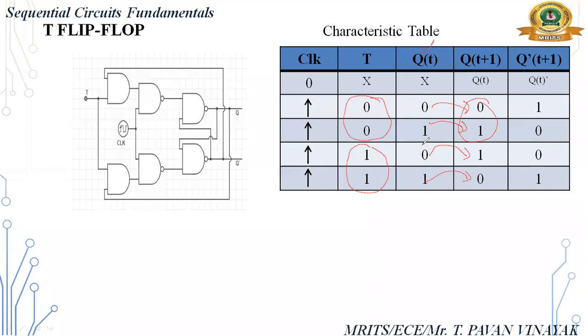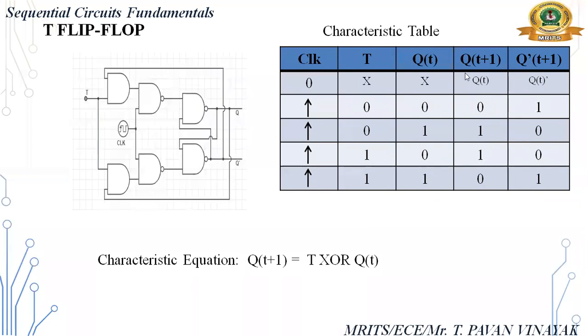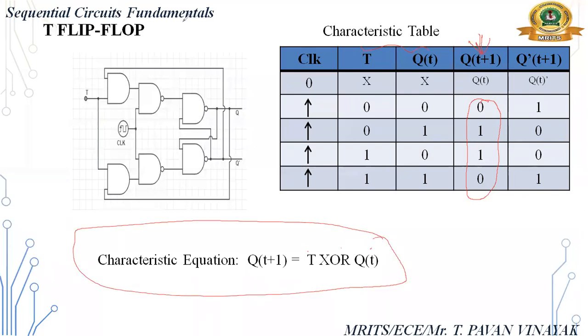Now the characteristic equation. Observe this one. It looks like an XOR gate, right? Here the inputs are T and Q of T. So Q of T plus 1 is T XOR Q of T.